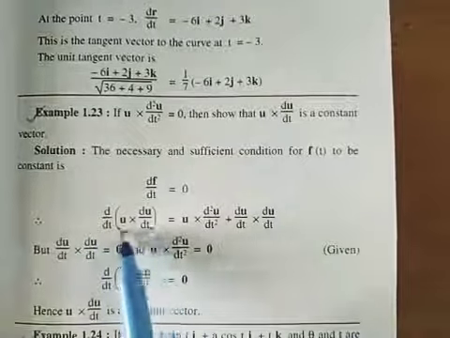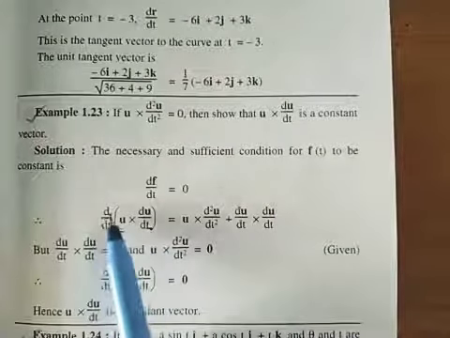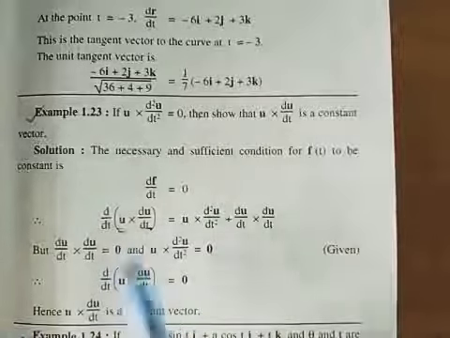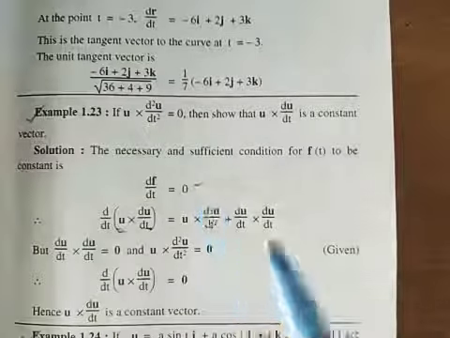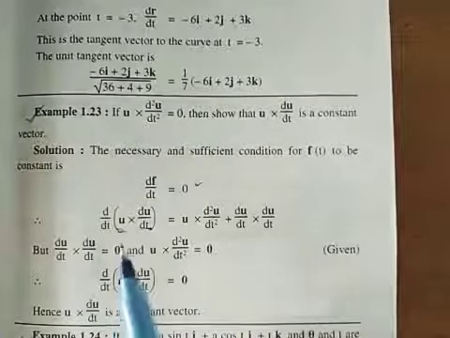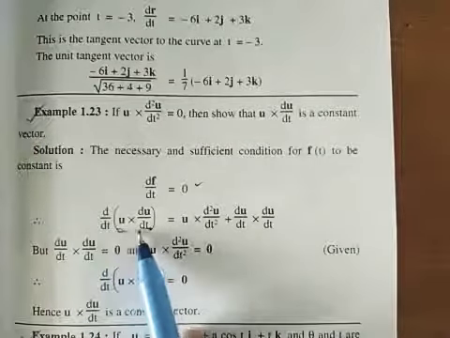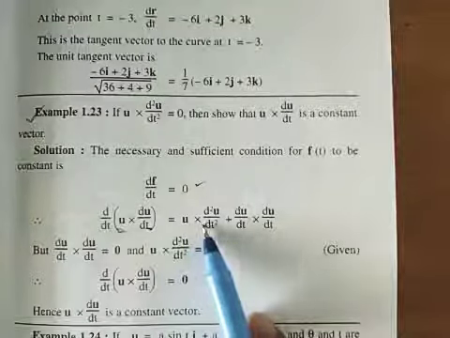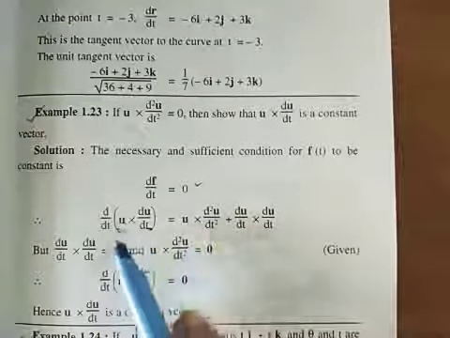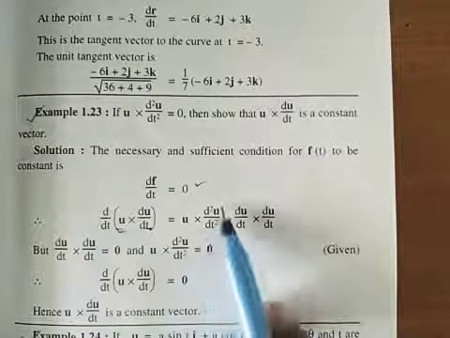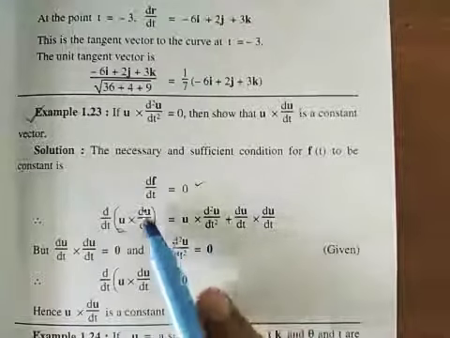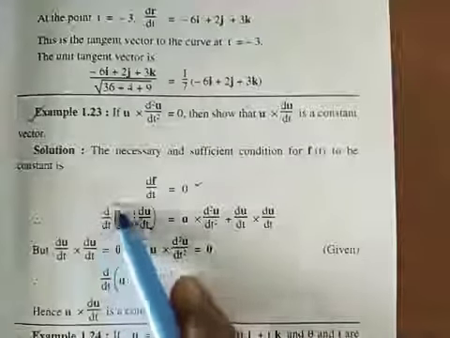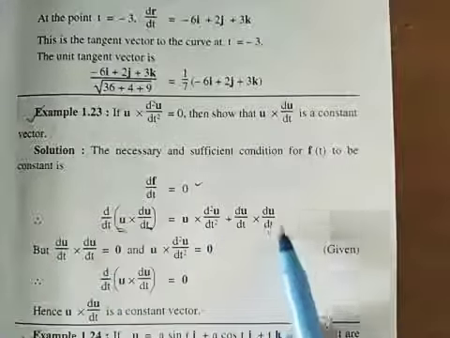If we show its derivative d/dt of this vector is 0, then we can say that this vector is a constant, by this condition. So let us write down d/dt of u cross du by dt. It is the same as u as it is, cross d/dt of du by dt, that is d square u by dt square, plus du by dt as it is, cross derivative of u with respect to t, that is du by dt.